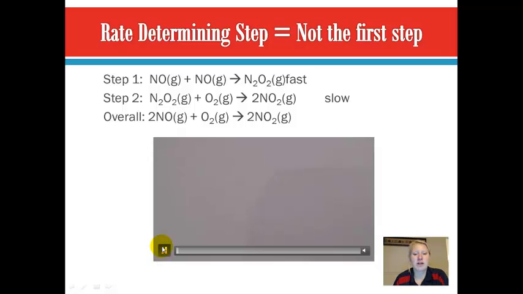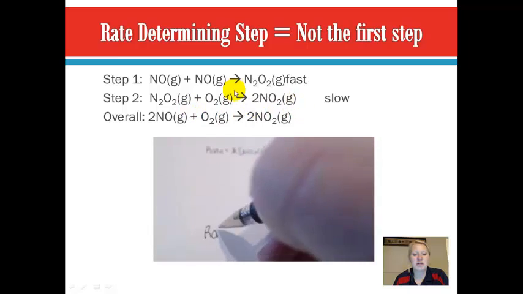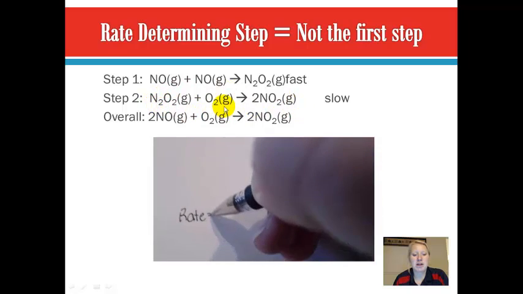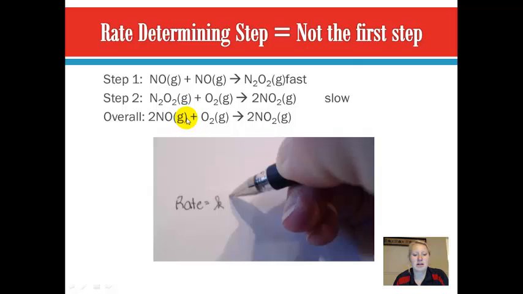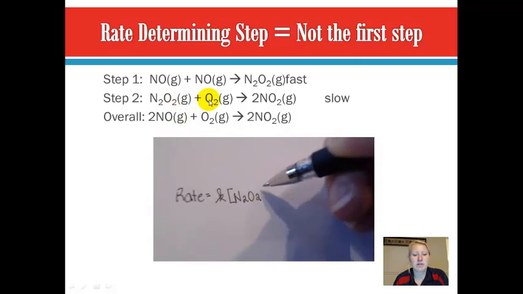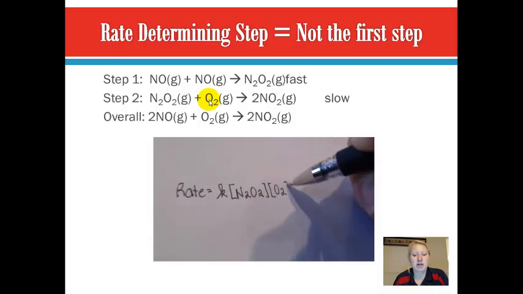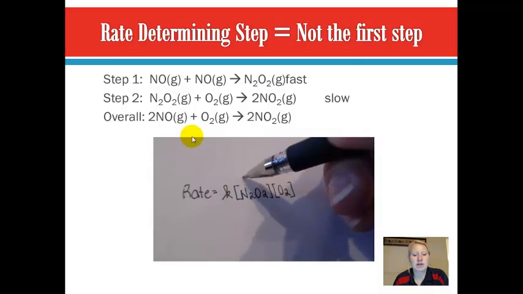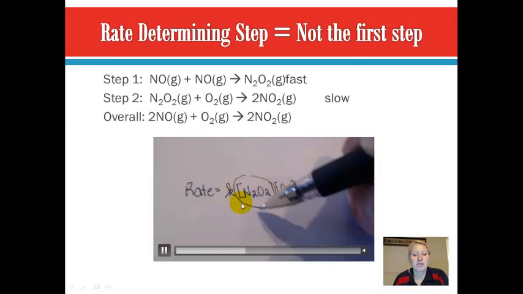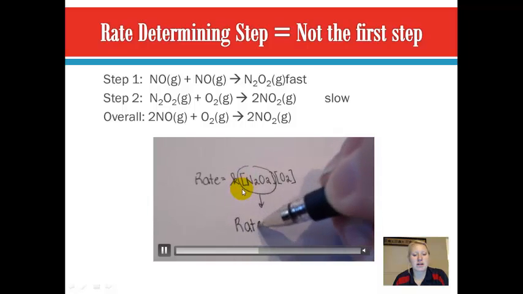So, ordinarily, the rate determining step here would be used to write the rate law. So rate would be equal to k times N2O2 times O2. However, N2O2 is an intermediate, and intermediates can never appear in the rate law.